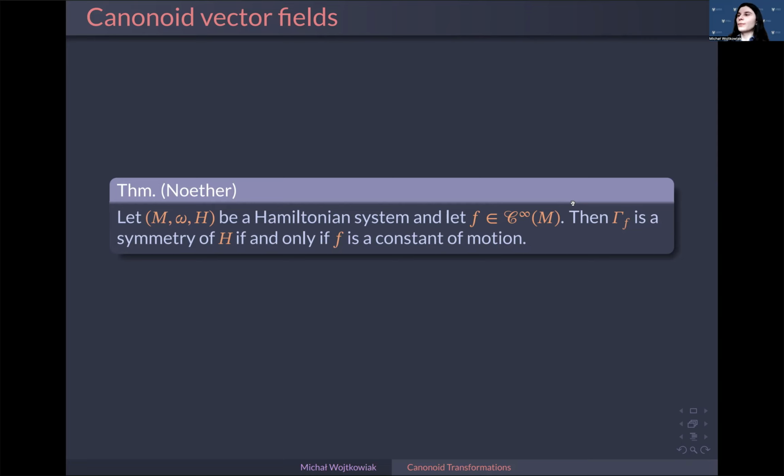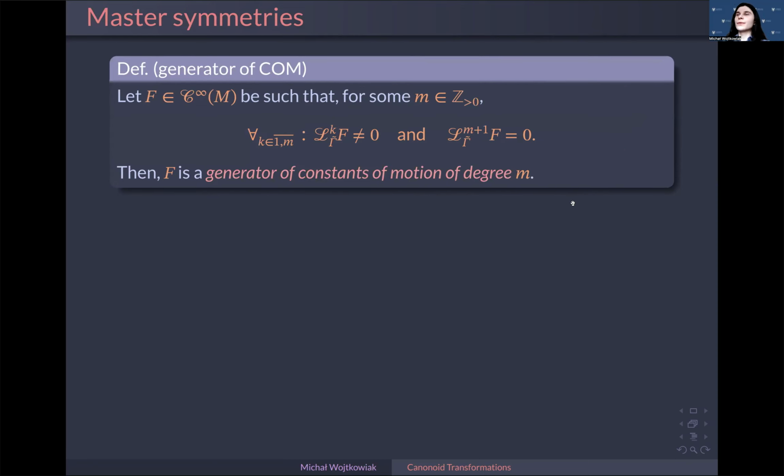And to see it, we need to introduce a couple more definitions, namely master symmetries and generators of constants of motion. So we say that a function is a generator of constants of motion of some degree m, which is a positive integer, if for all possible orders up to m, the Lie derivative of that order is non-zero along the dynamical vector field.